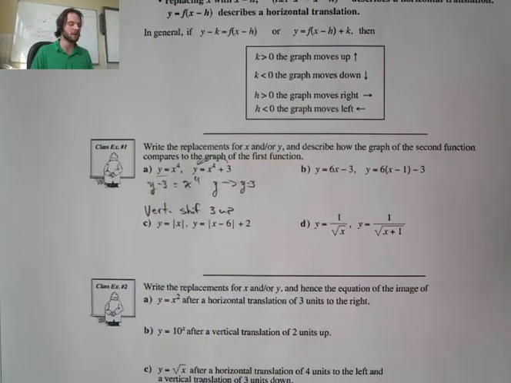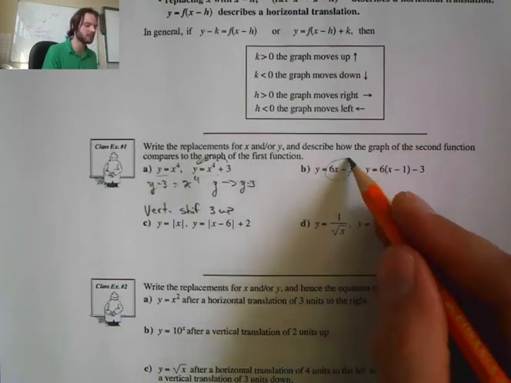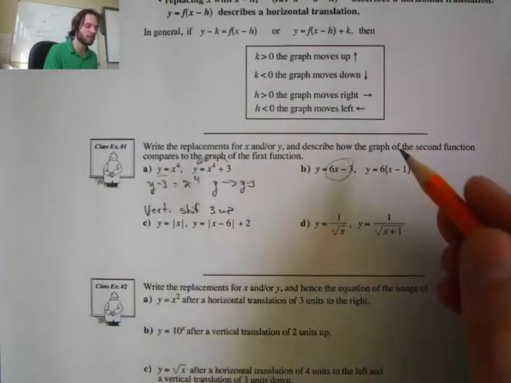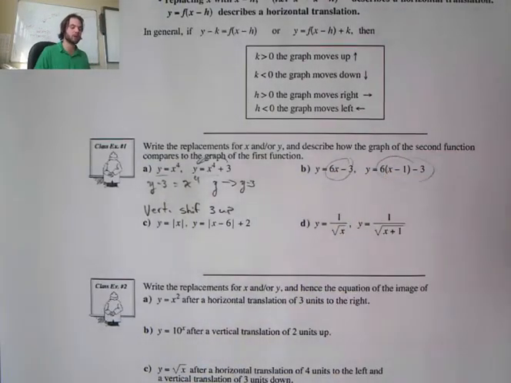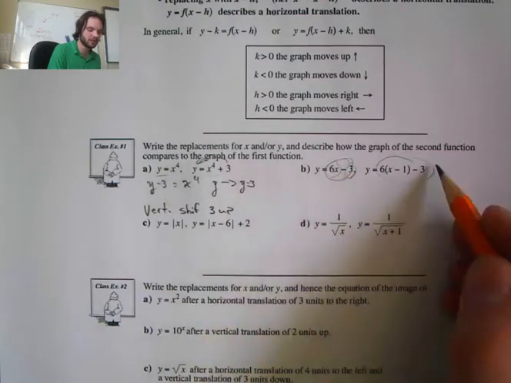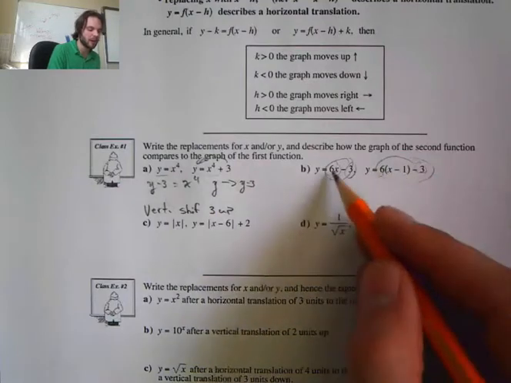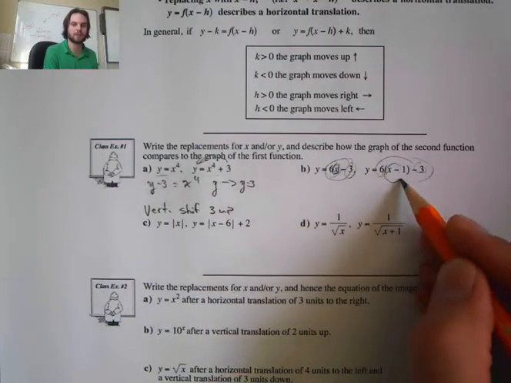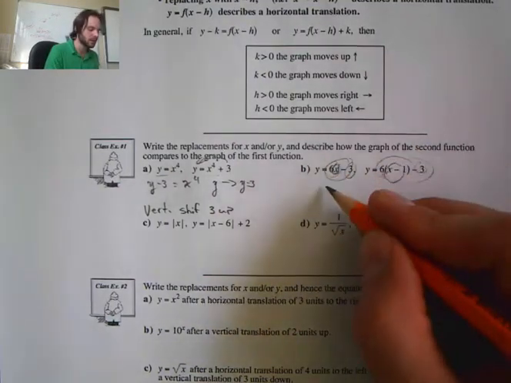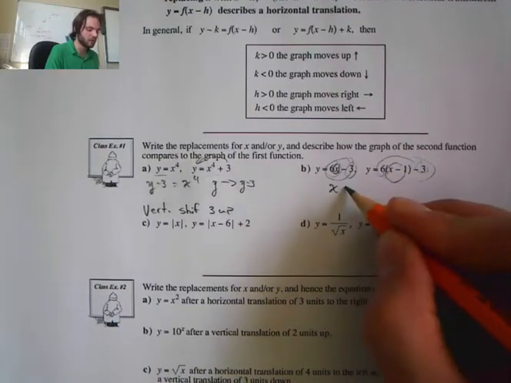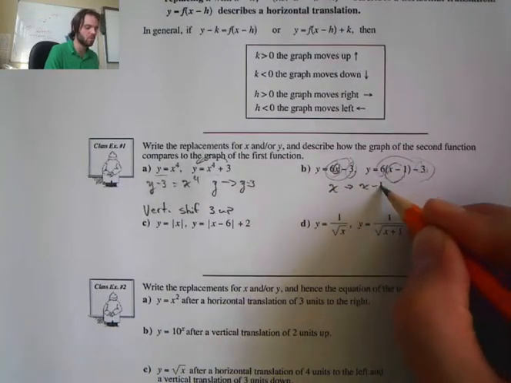Okay? Let's take a look at this next one. We have 6x minus 3. And then we're going to 6 multiplied by x minus 1 minus 3. So this and this is still in the equation. It's there and there. The x was replaced with x subtract 1. So x went to x subtract 1.